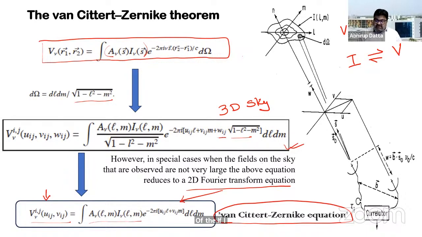If I know V, I can do an inverse Fourier transform and get I. And if you know your antenna very well, you can have prior knowledge of A, which you can then divide from the image, and you get the final value of I. That's a very oversimplistic way of representing it. But what I want to show is the simple image which was coming from a single dish.